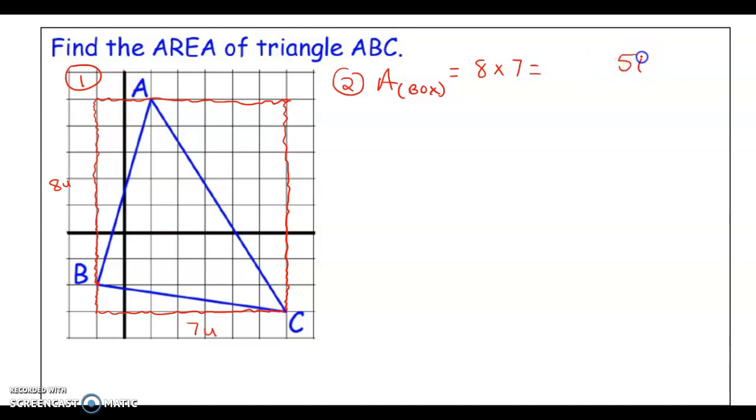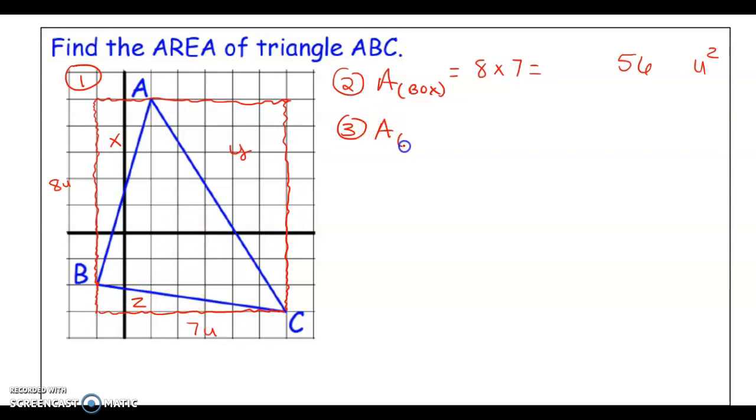So I have 56 units squared. That's the area of the box. So now it says to calculate the areas of the extra polygons. Well, I've got this whole box, and then blue is my regular triangle, but I've got X, see that triangle that was created, Y right here, and I'm going to say Z. I've got 3 extra triangles.